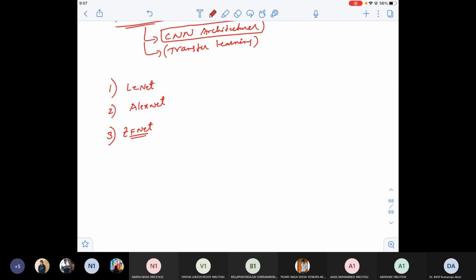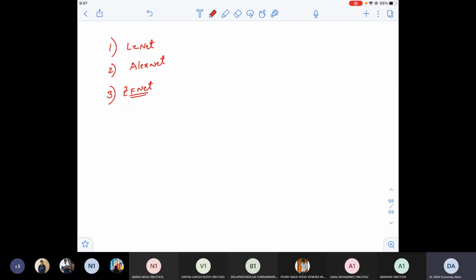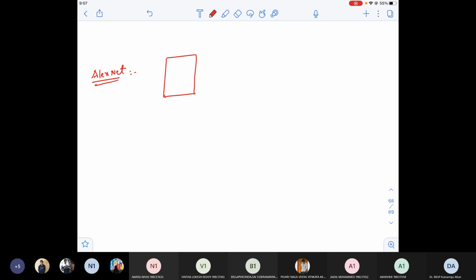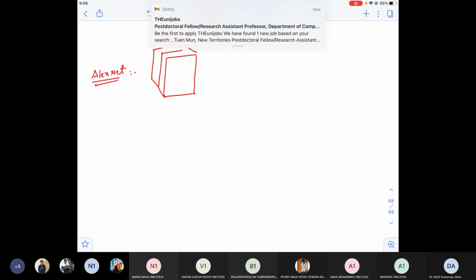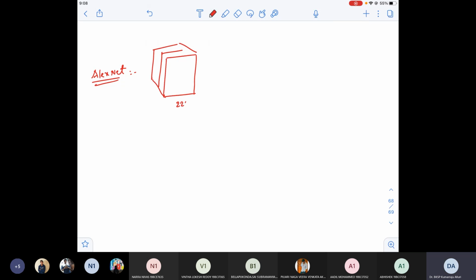ZFNet has taken its base from AlexNet. Okay. So firstly, I hope my screen is visible. So in the AlexNet, if you see, you'll have input with 3 channels, which is of size 227 cross 227.